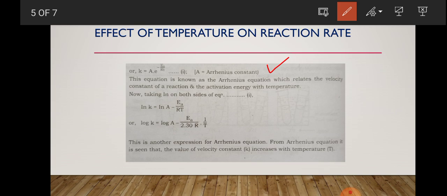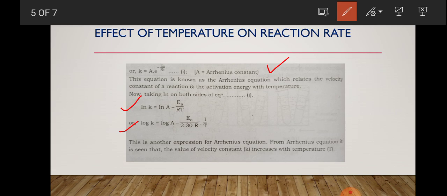Now, taking ln on both sides of this equation, ultimately we get log k = log A - Ea / (2.303 R) × (1/T).